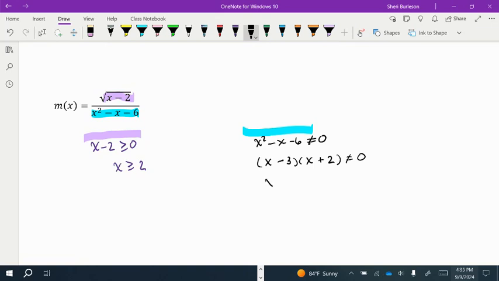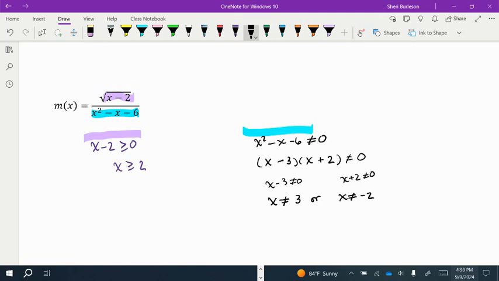So now what this says is x cannot equal +3 or x cannot equal -2. If you cannot make that leap from the factored version to what my solutions will be, then go ahead and take the step where you write that the factor cannot equal 0.